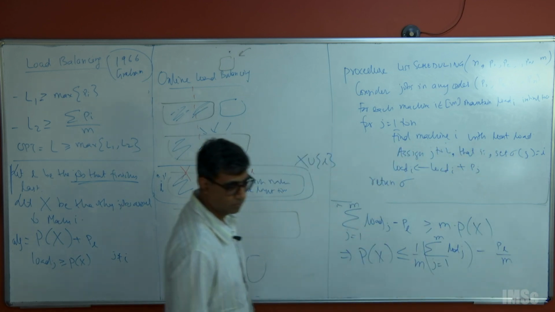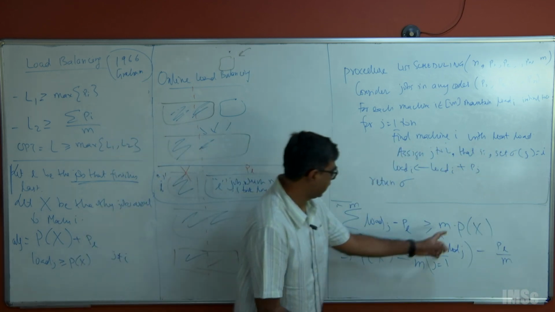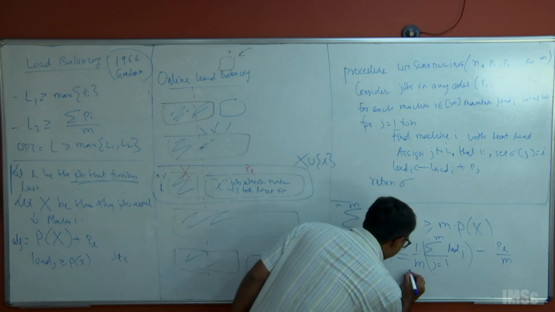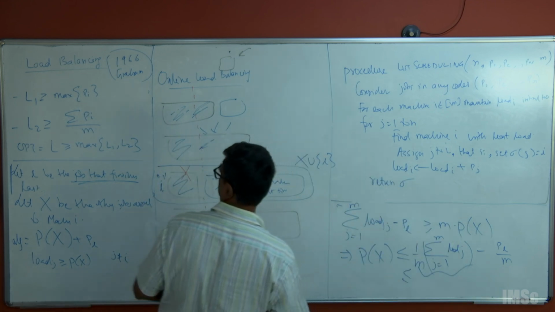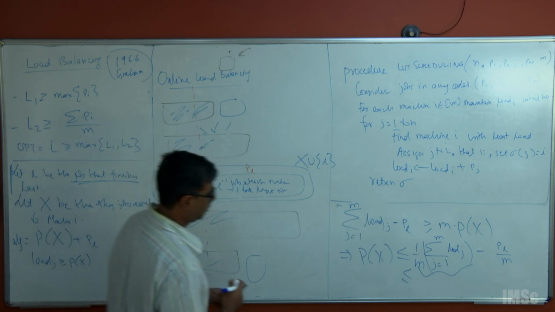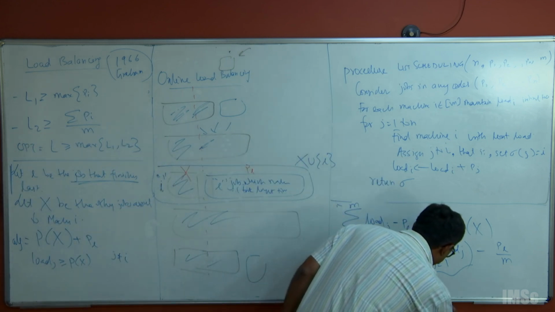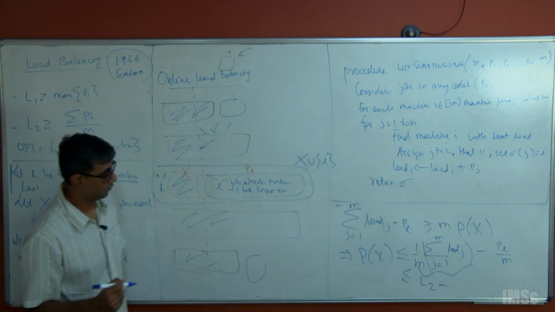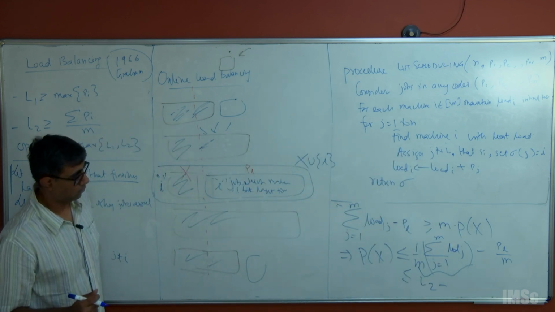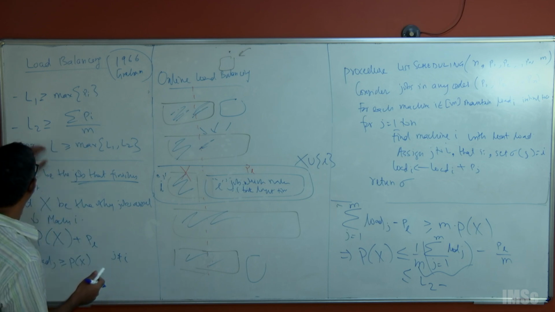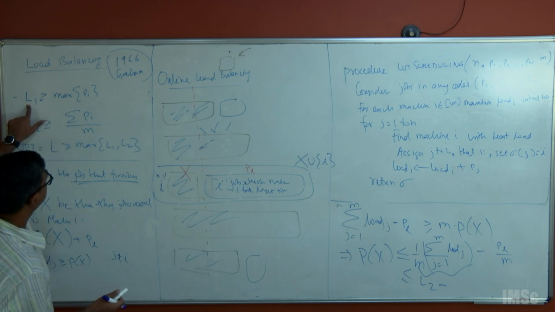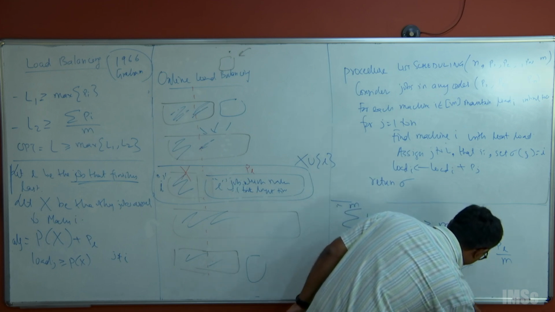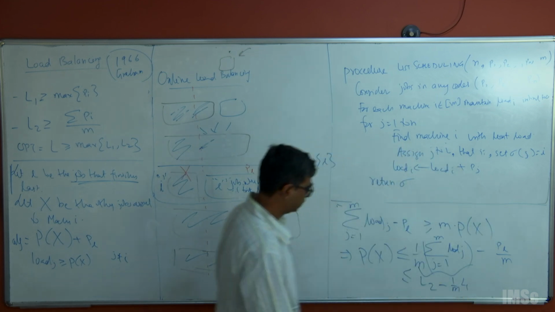Is that fine? I divided by m here. What is this quantity? This is L2, less than or equal to L2. And what is pl? Is less than L1. So this I can write 1 over m times L1. Is that fine?